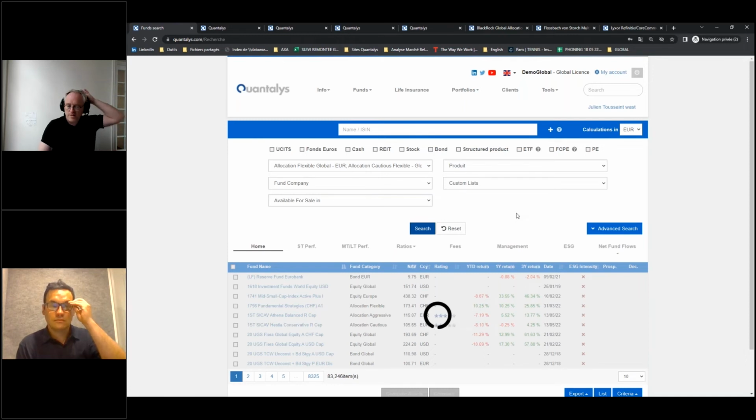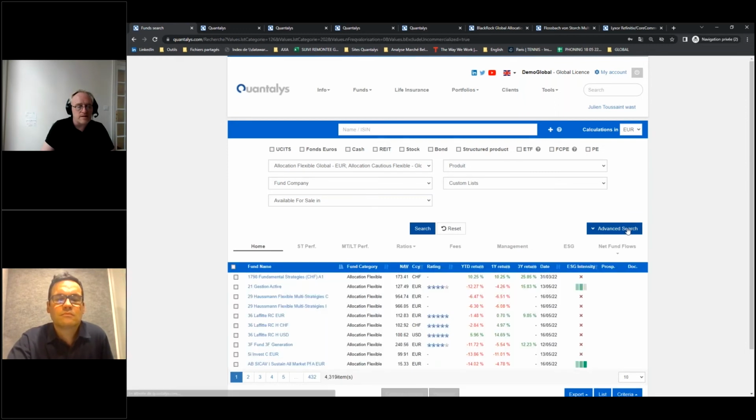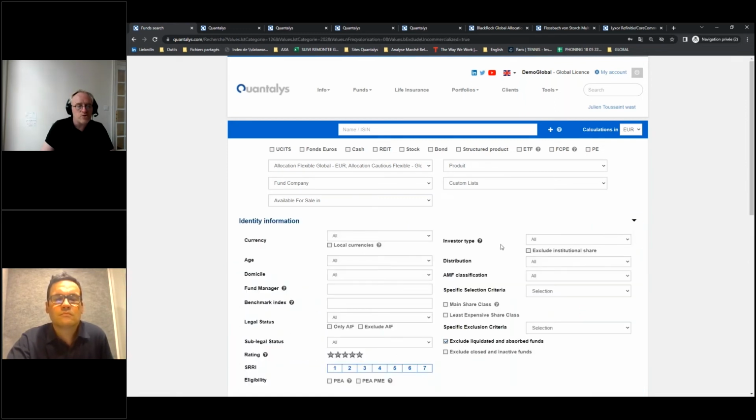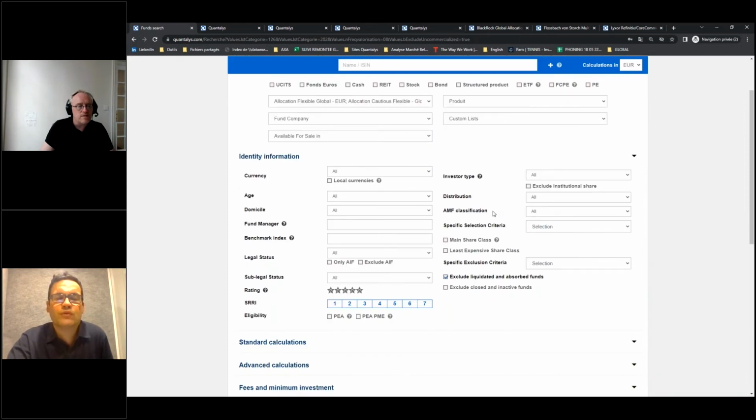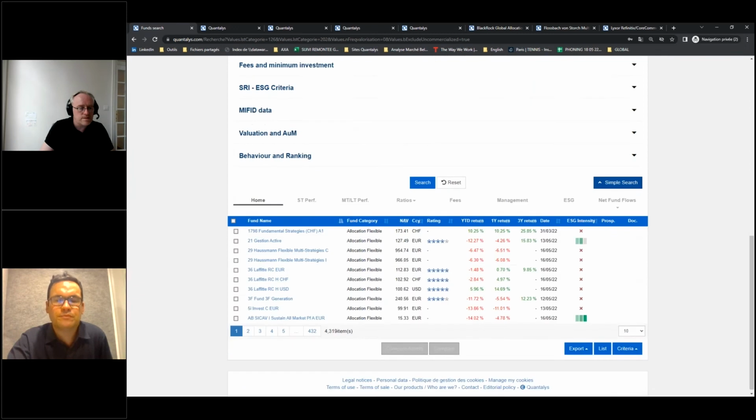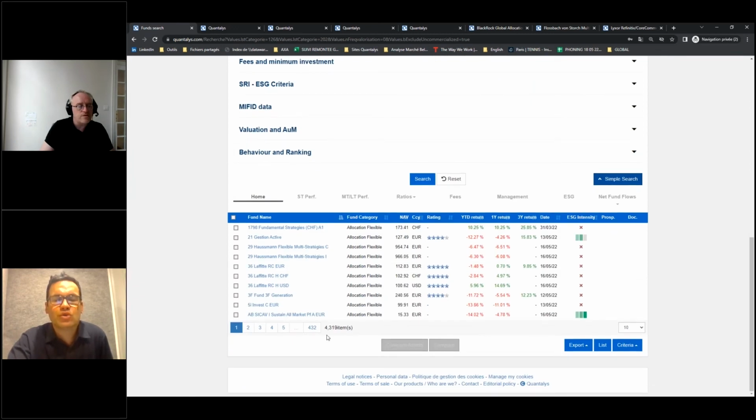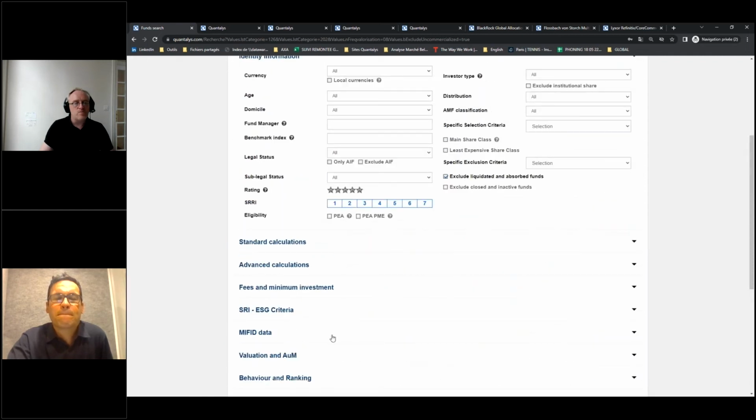This will bring us a first result, and while it's making its search, I want to show you that you have 4,000 different funds, just for your information. Yes, exactly, 4,300. And you can use more than 80 filters to filter through these funds.